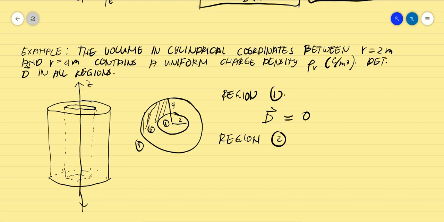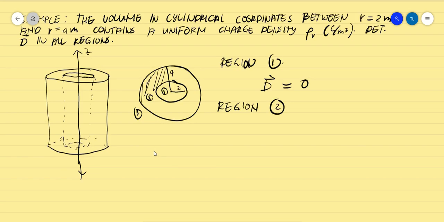So how do we solve this one? We will be solving from r equals 2 to r equals 4. So we can generalize this into just r, where r is between 2 and 4 meters.